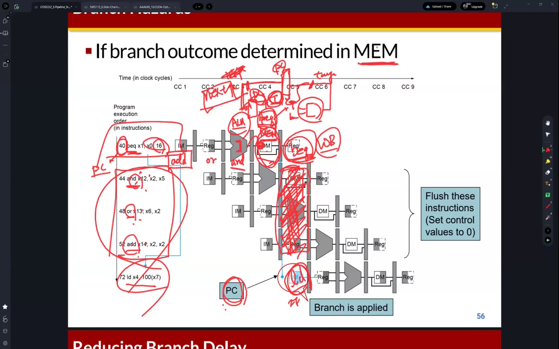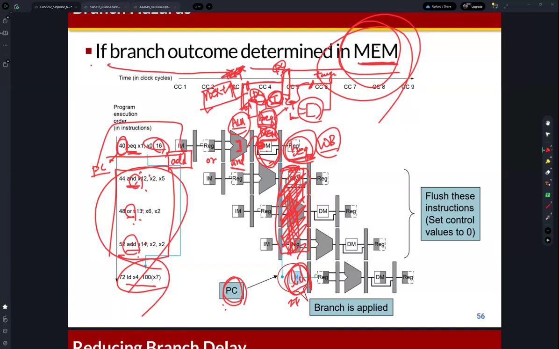It is because the branch outcome is determined in the memory stage. So which means the branch condition is determined late.